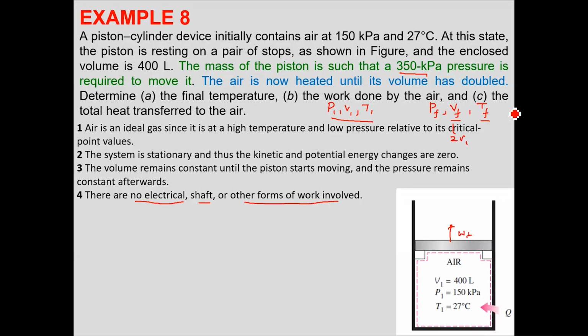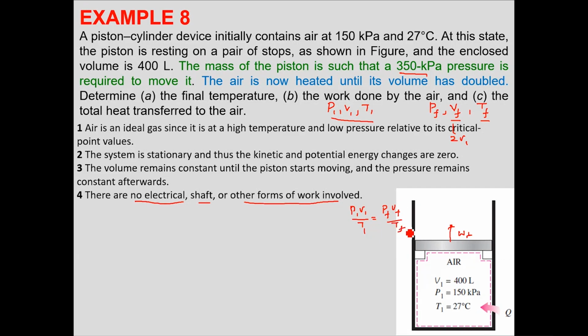For such a case, you know the ideal gas equation. How can we find out the final temperature? We equate the two ideal gas equations for the initial and final states. Very good. So you know that for an ideal gas having two different states, you essentially have P1 V1 over T1 equal to Pf Vf over Tf.